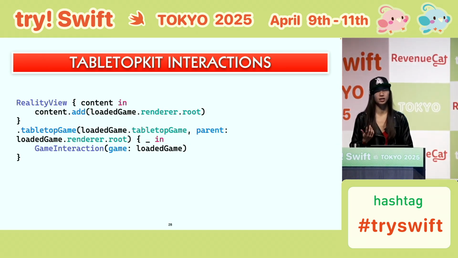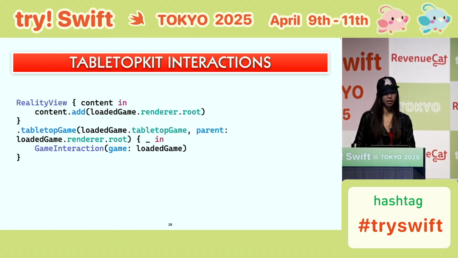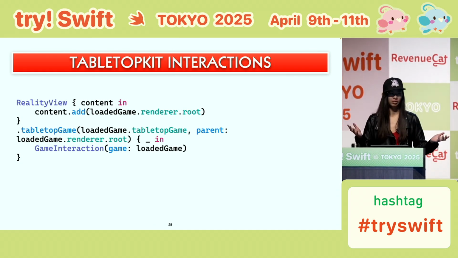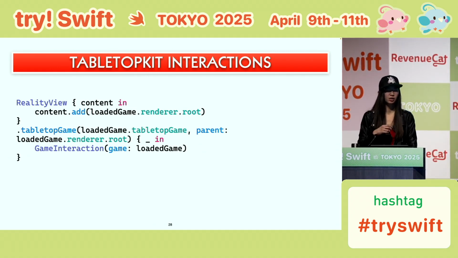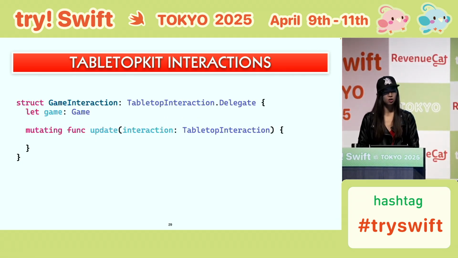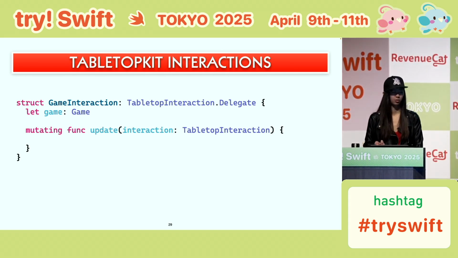We do this by adding the tabletop game modifier to our reality view. And the reality view is how we're defining the game itself. If you make it again in Blender, tabletop game, and then we have this game interaction object. Looking at that, game interaction conforms to tabletop interaction delegate. And then inside of that, we have an update function.